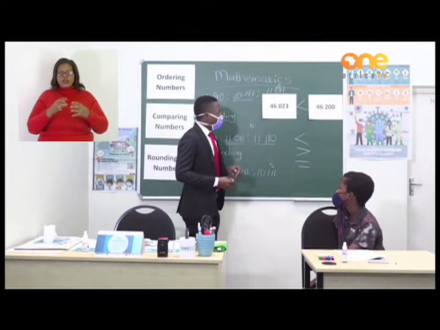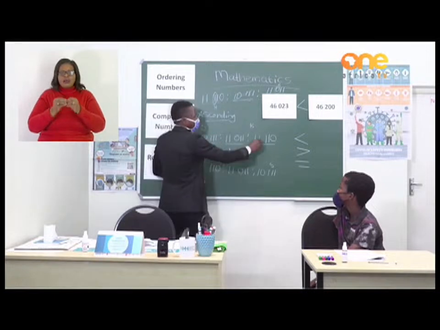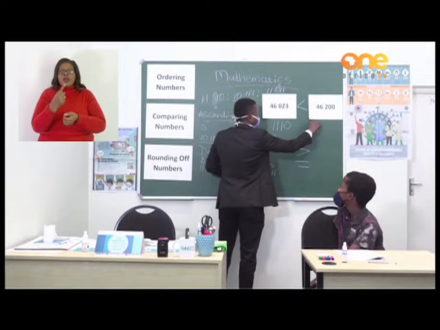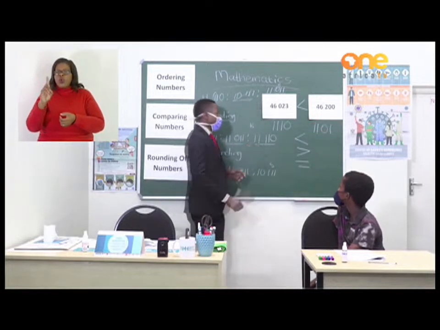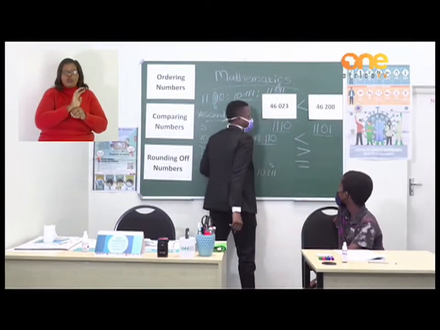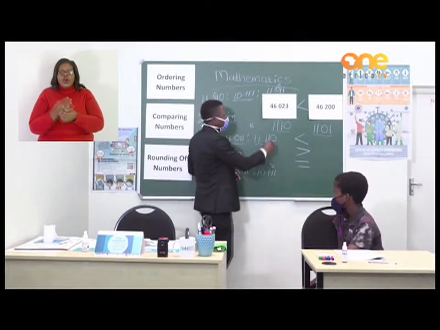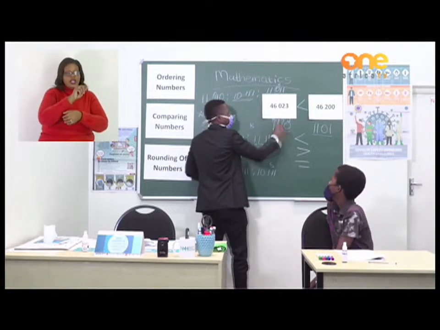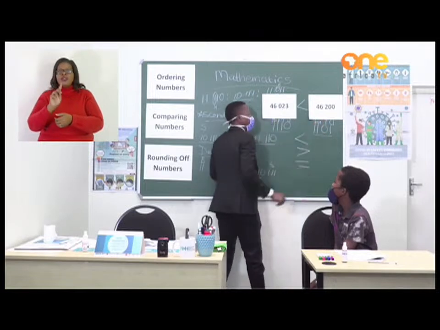So, in most cases, some numbers are confusing. They may come in this manner. You might have 1, 1, 1, 0, and then you have 1, 1, 0, 1. How many digits do you have here? I have 4. How many digits do you have here? You have 4. And then to compare, if you look at this, it is unit, 10, 100, and 1,000.